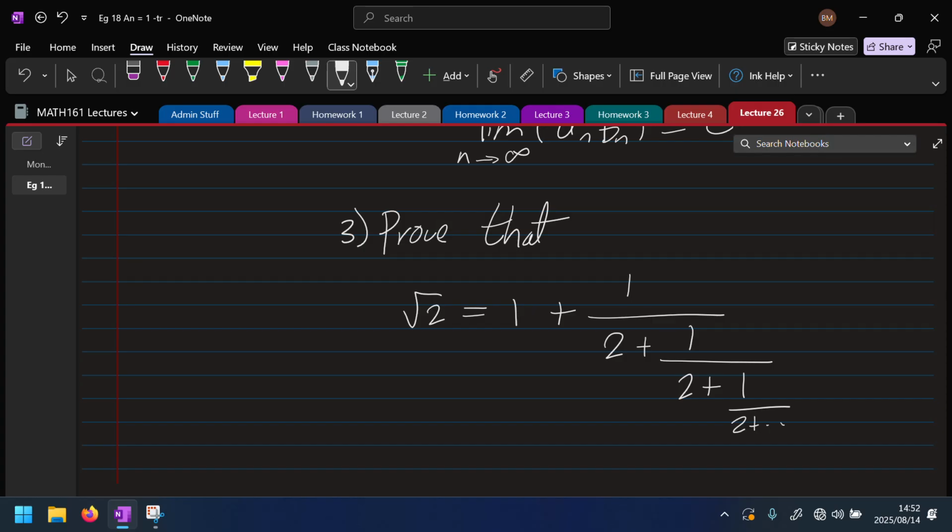Okay, so let's ignore this 1 plus, ignore all of that. If I take the fraction here, what can you tell me about this bit? So look at the whole fraction and look at this bit here. What can you tell me about the two?